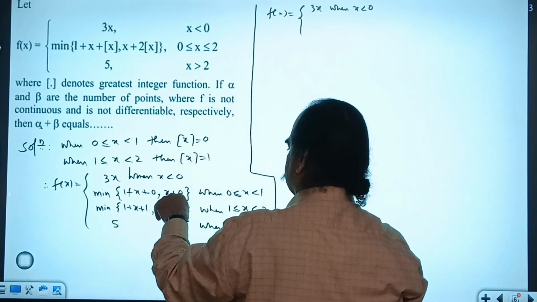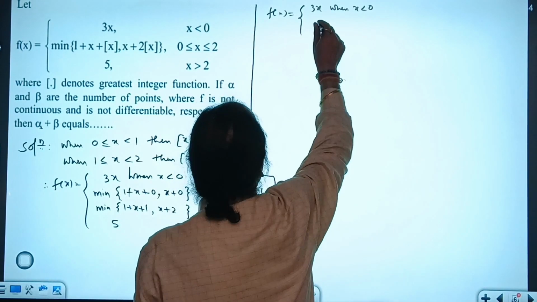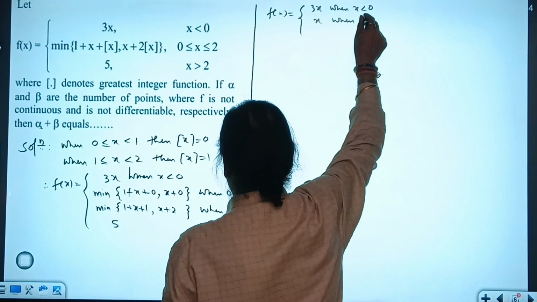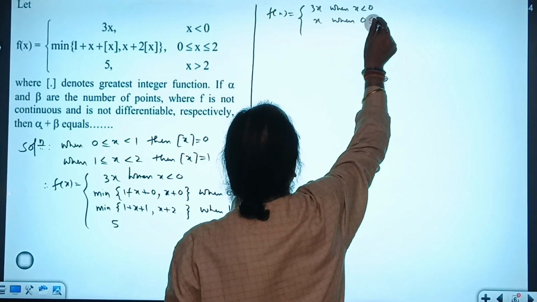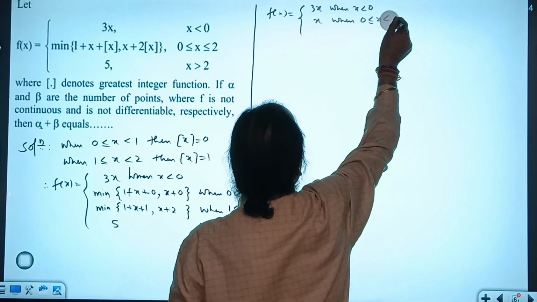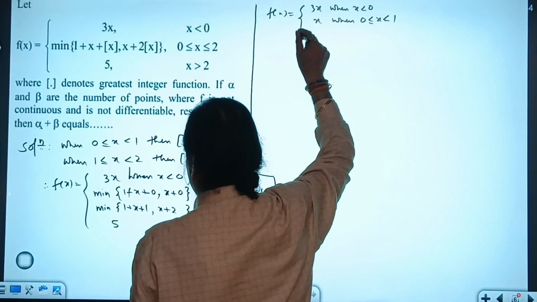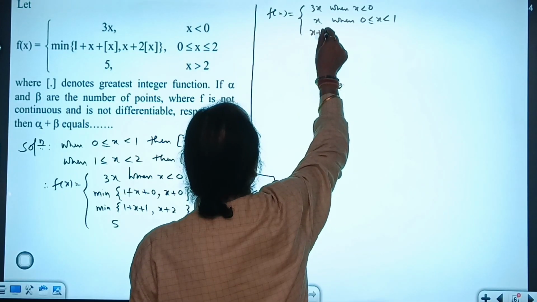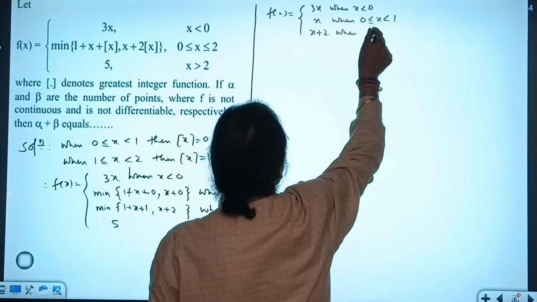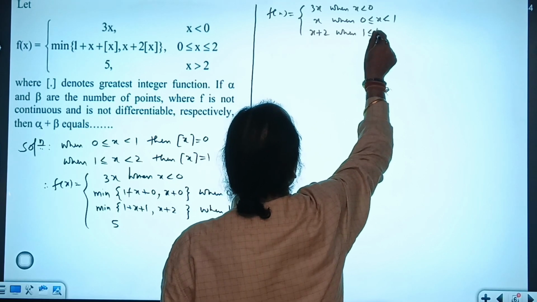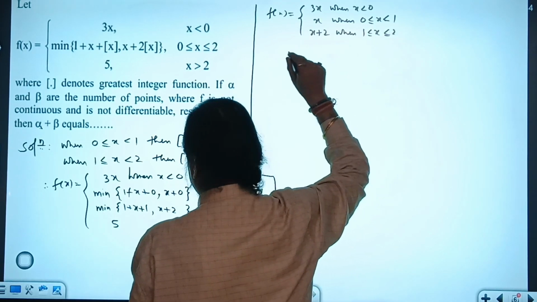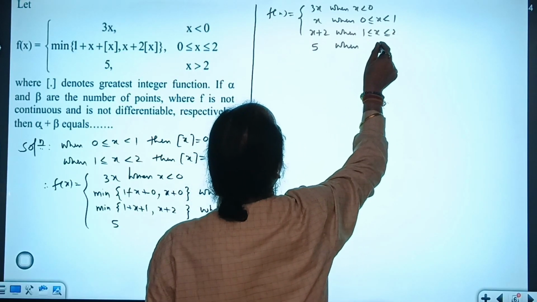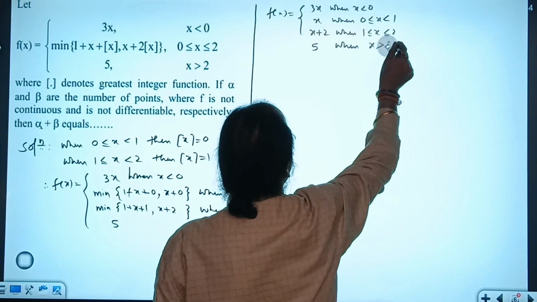Minimum of 1 plus x, comma x will be x when 0 less than or equal to x less than 1, and x plus 2 when 1 less than or equal to x less than 2, and 5 when x is greater than 2.